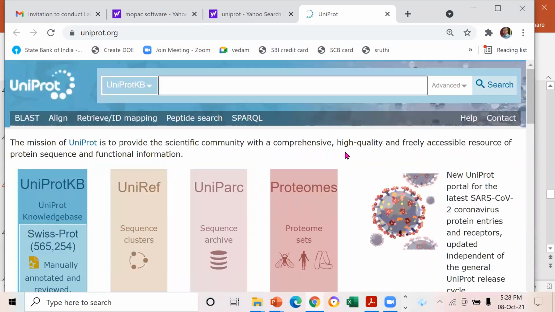If I give the UniProt number, I can get the sequence of that protein. Suppose a researcher is isolating a novel protein and getting the sequence. If it is not there, you can upload that to UniProt.